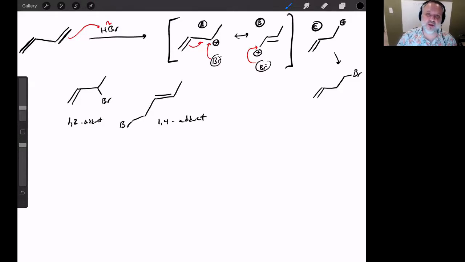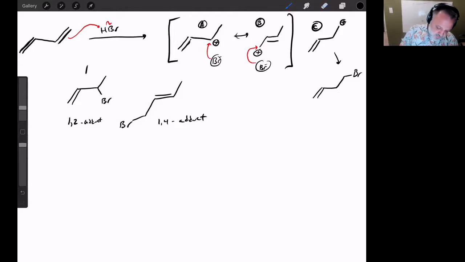But we can think about it this way. If I have bromine attack where A is, and I'm going to erase this one, because this arrow was for the mechanism for the interconversion between the two resonance structures.